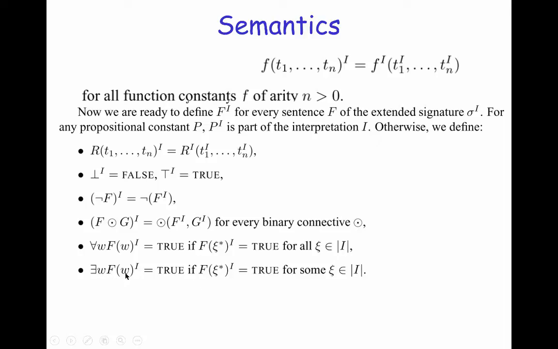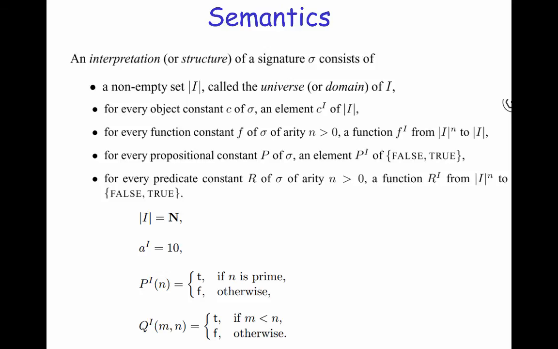That m can be any prime number, let's say 2. So you can select it. Although 2 was not named in the original signature, when you define the meaning of quantifiers, you have to actually go over all the members of the universe.